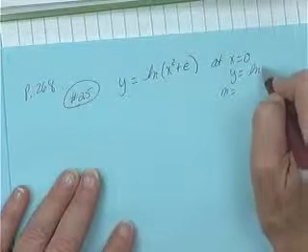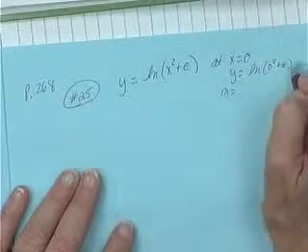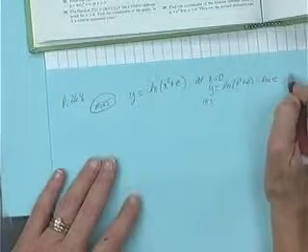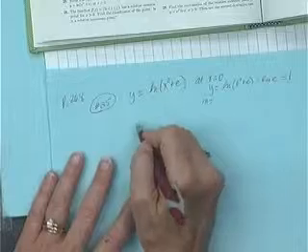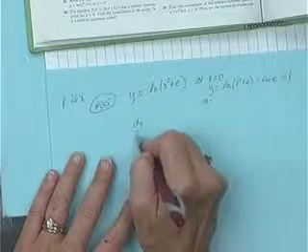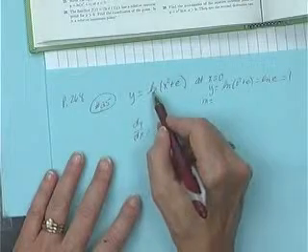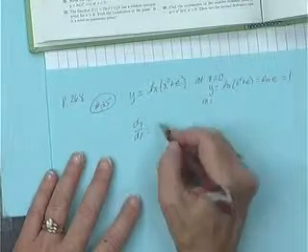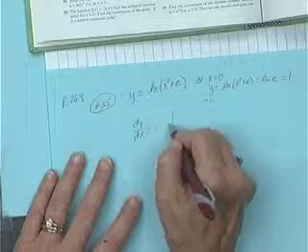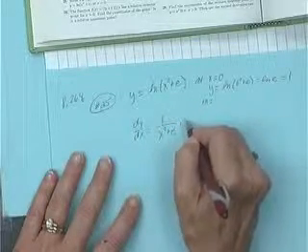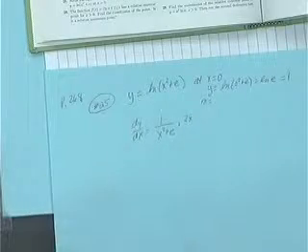Substitute right in there. So we have natural log of 0 squared plus e, which is natural log of e, and everybody knows that's equal to 1. All right, let's find the derivative, which is the slope of the tangent line to the curve. The derivative of natural log of x squared plus e is 1 over x squared plus e times 2x.